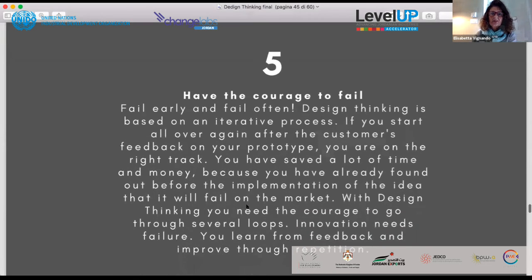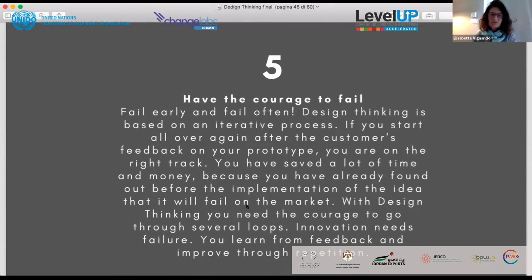With design thinking, you need the courage to go through several loops. Innovation needs failure. You learn from feedback and improve through repetition. So this is also a very important point. As I mentioned before, we have to fail. During the process, when we prototype we have to check our solution with our customer first, our stakeholders, because the process involves all of them.